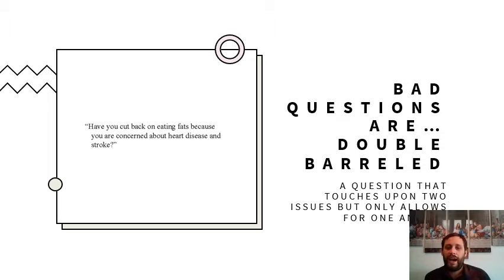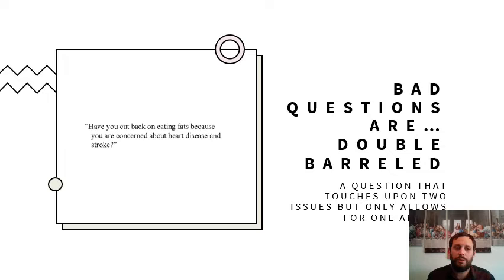Next, bad questions are double-barreled. A double-barreled question is a question that touches upon two issues but only allows for one answer. So think about this. If you are asking two questions but only allowing for one answer, that's a problem with the way that you're stating your question, right?